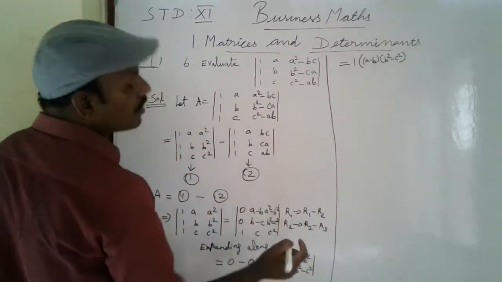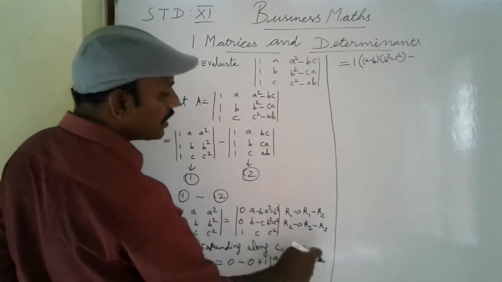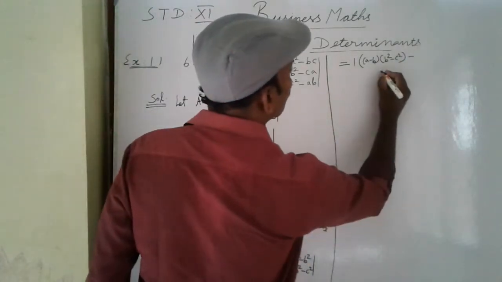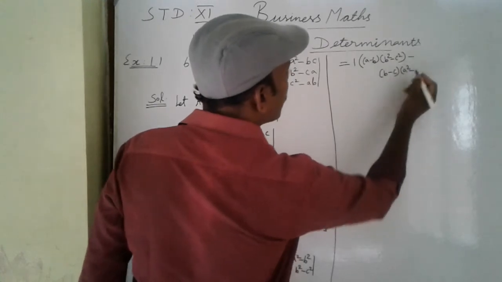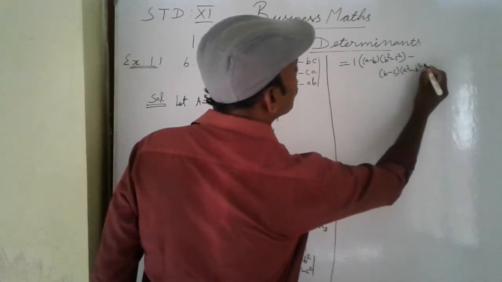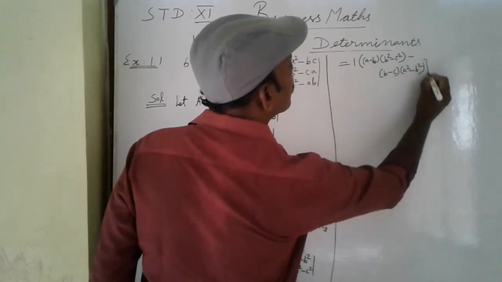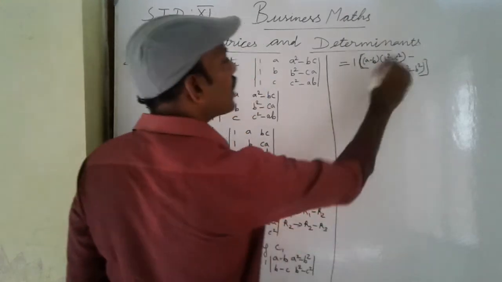Next is minus, is a symbol. Next cross multiple this: b minus c into a square minus b square. One into anything is what? Same value.